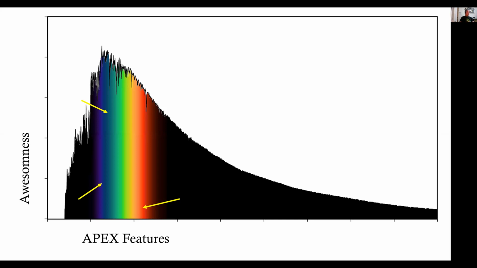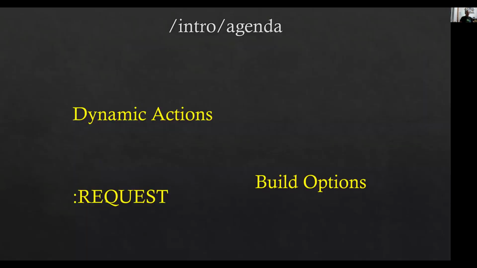So as far as the features I'm going to cover today, there's a big spectrum of Oracle Apex features, and I'm just going to cover a couple of them. They spread from wonderfully awesome features to things that get the job done. Today I'll be talking about dynamic actions, build options, and the request parameter. So nothing major here.